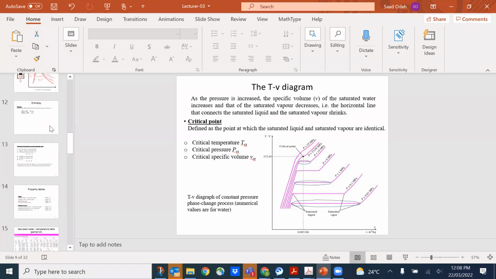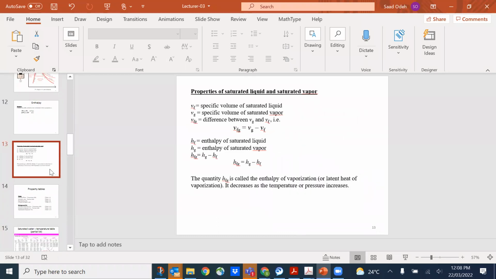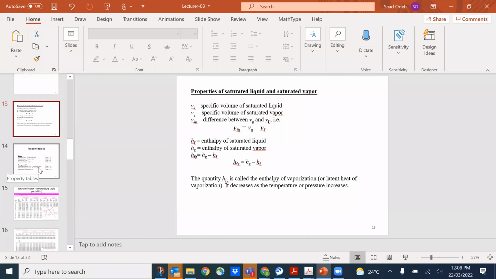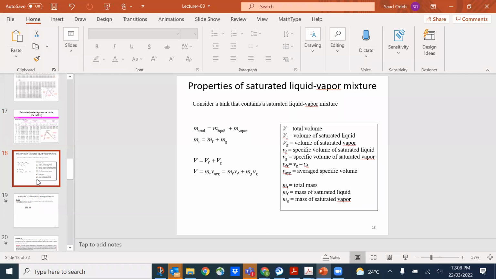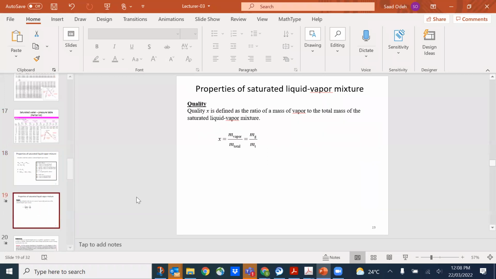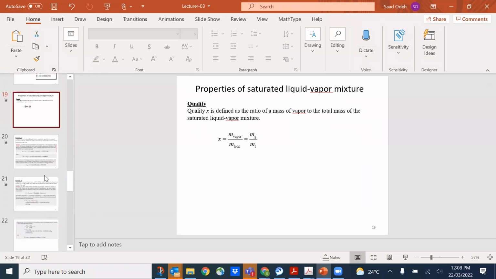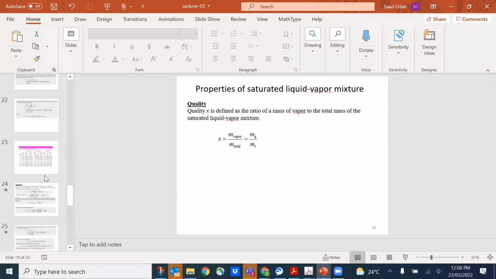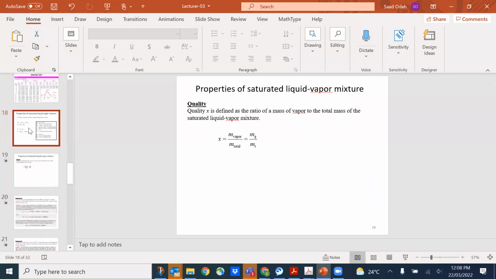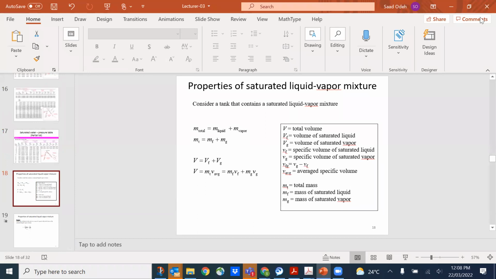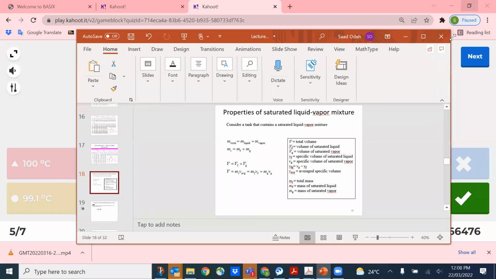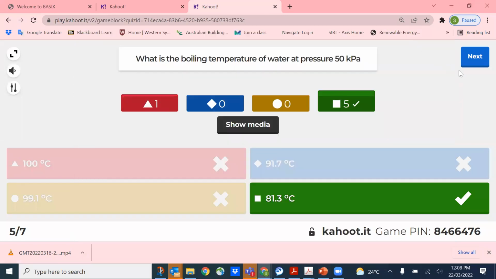Can I show you how to find the total enthalpy and total? Looks weird. Where did it go? Anyway, it's not there. Okay, I didn't give you this yet. All right, no problem. So we'll leave this. We'll go back to the question. Right. So we'll go to the next one.